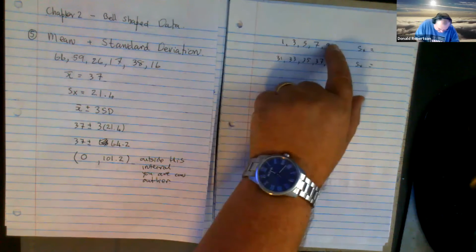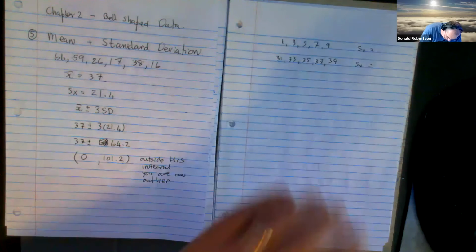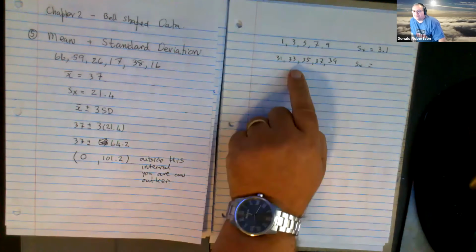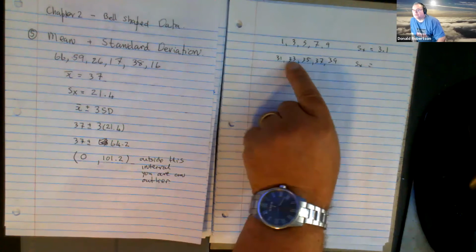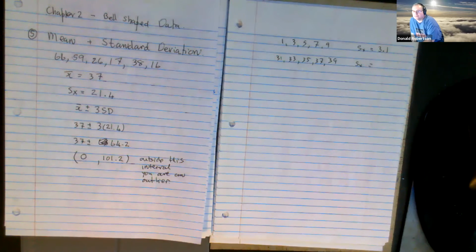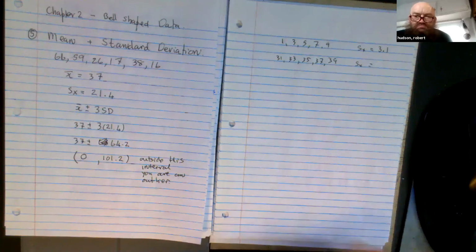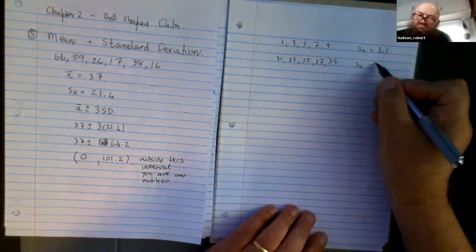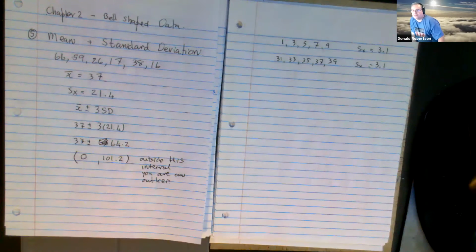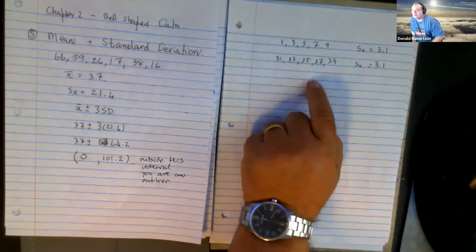And I'm making this number up, but let's pretend it was 3.1. What's the standard deviation of this data set without going near a calculator? 31? No. 3.1.